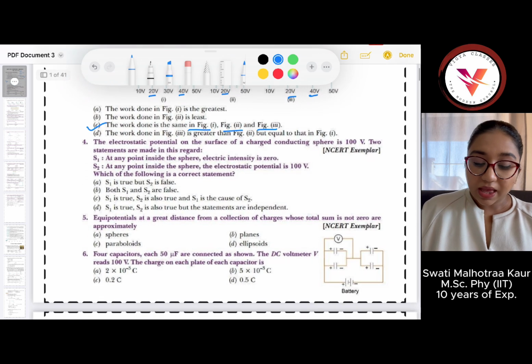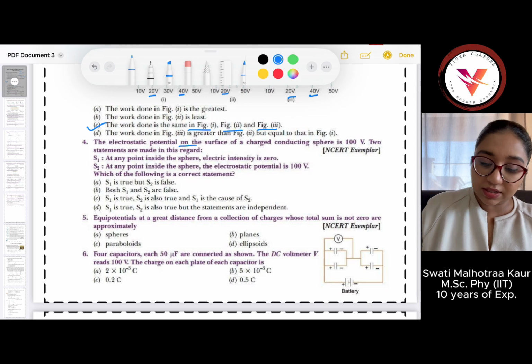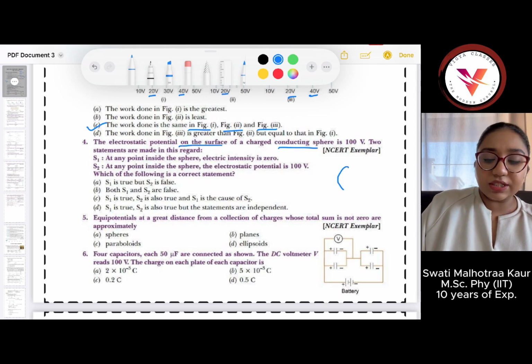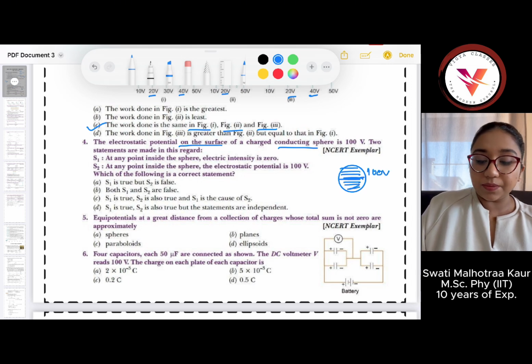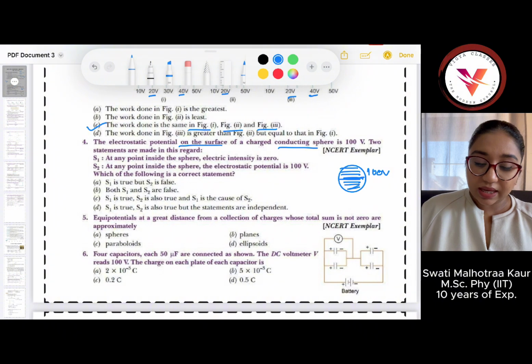Okay. Next, question number 4. An electrostatic potential on the surface of a charged conducting sphere is 100 volt. Okay, on the surface of a charged conducting sphere. So it means it is same throughout the sphere. It is 100 volt. So S1 is: at any point inside the sphere, electric intensity is 0.